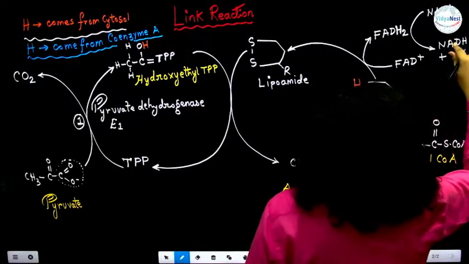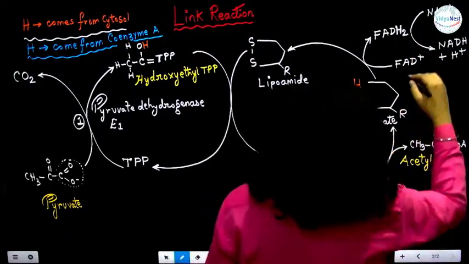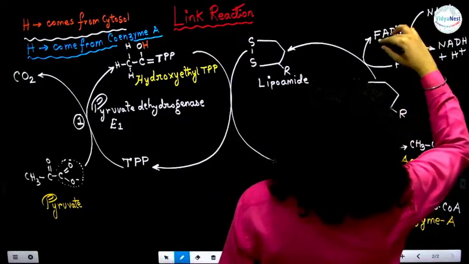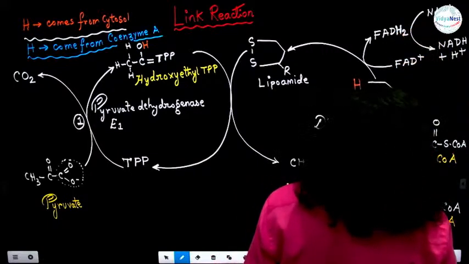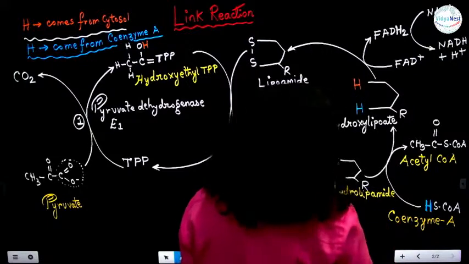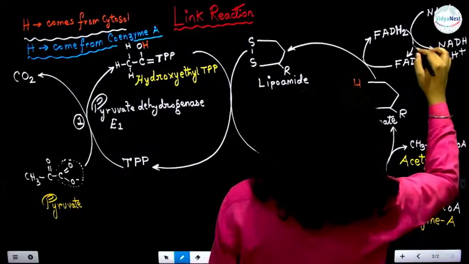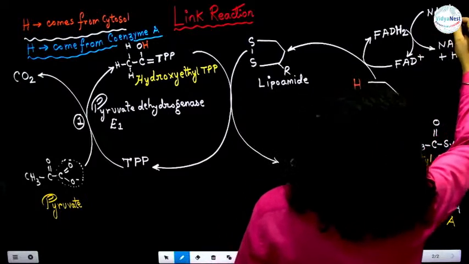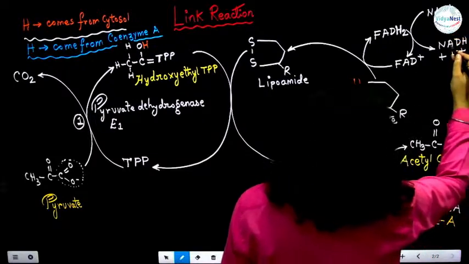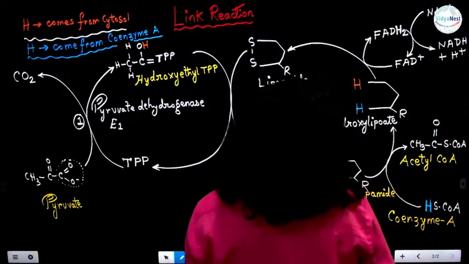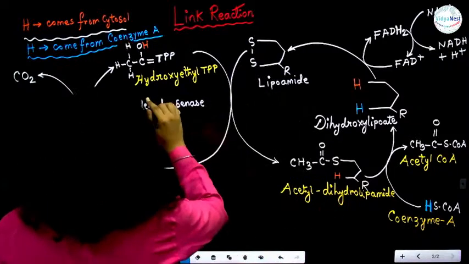Then again FAD plus gets converted into FADH2, and this FADH2 will again get converted into FAD plus by giving electrons to NAD plus. NAD plus will take up the electron and hydrogen to form NADH plus H. Understood?